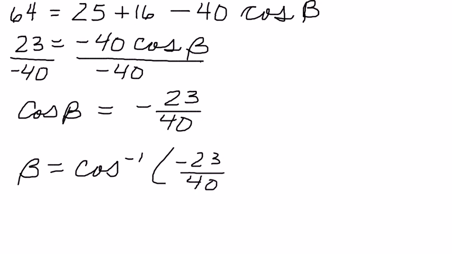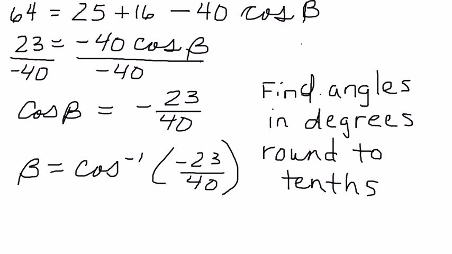Because the number we're inputting into the inverse cosine function is negative, we will obtain an obtuse angle. Again, we need to find the angles in degrees and round to tenths, so our calculator should be in degree mode. Angle B is equal to 125.1 degrees. If we use the law of sines, we would get a positive acute angle, and this answer would be wrong.